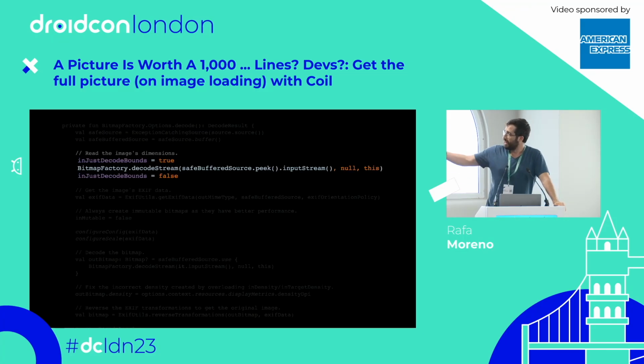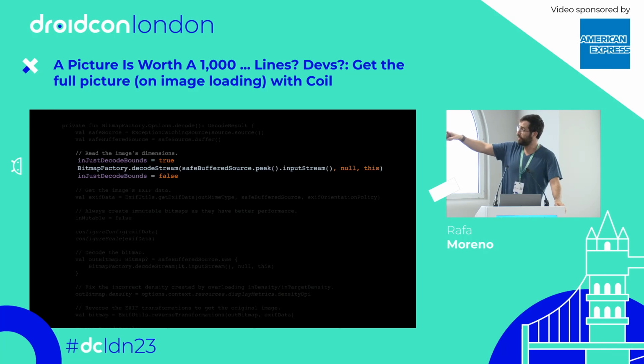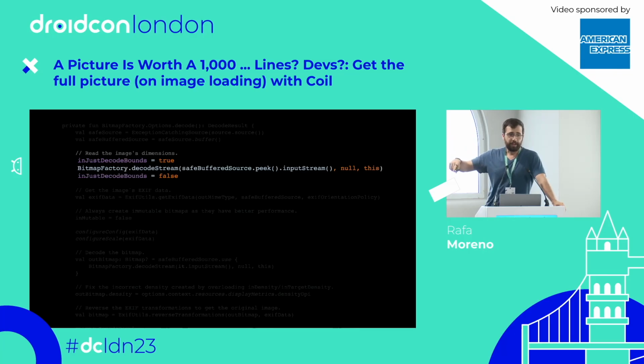But in this case, inJustDecodeBounds we set to true. What is inJustDecodeBounds? I mentioned before, we don't want to read the whole image into memory potentially, right? So instead, whenever we decode the image, and you'll notice that the line with BitmapFactory.decodeStream is actually the same line that we had in the original first 3 lines after we had our input stream, where we called BitmapFactory.decodeStream.